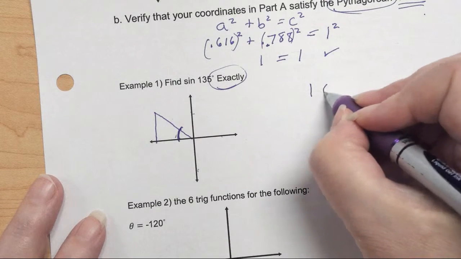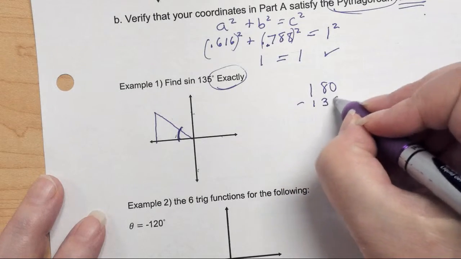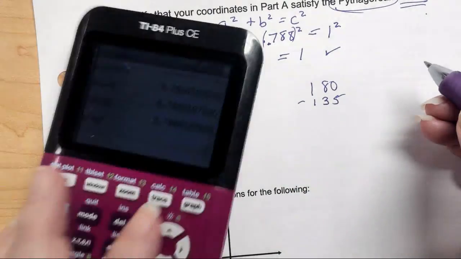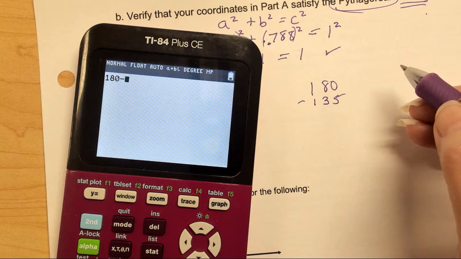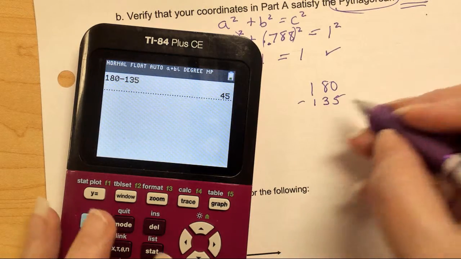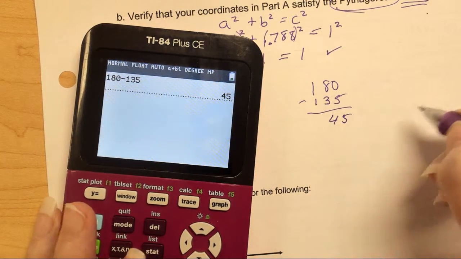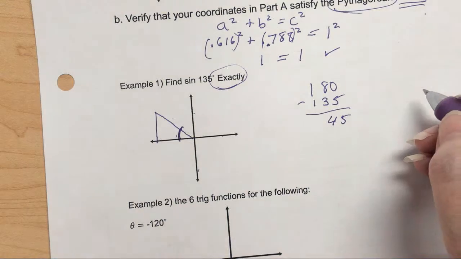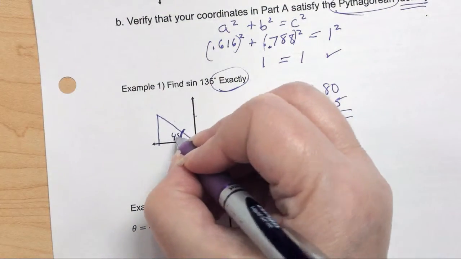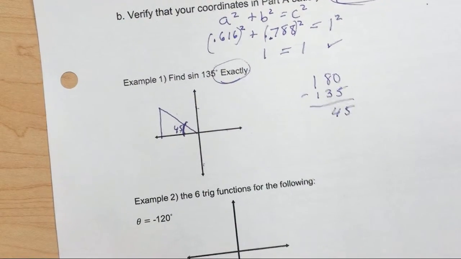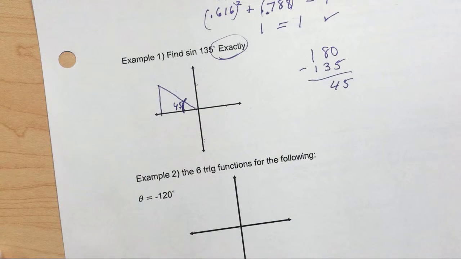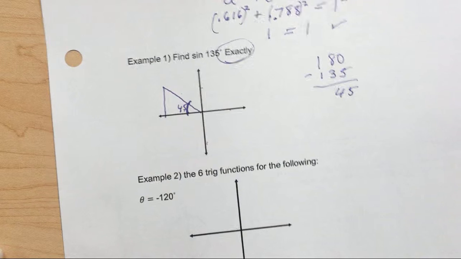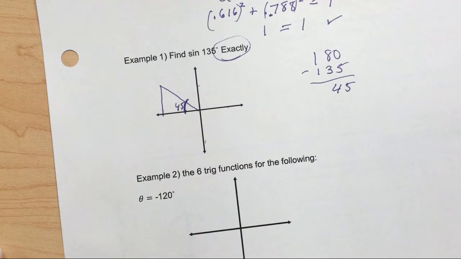So we're going to do 180 minus 135. So we got a 45. So this is a 45. Take just a few seconds to write the legs, the sides, down. What are they?